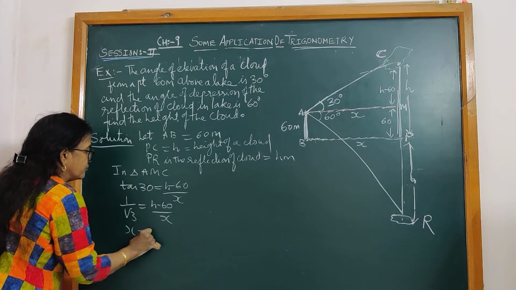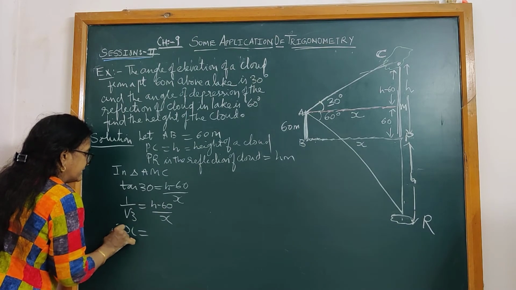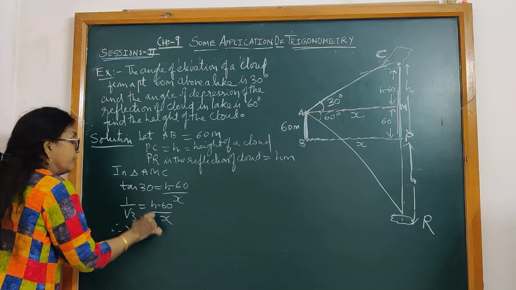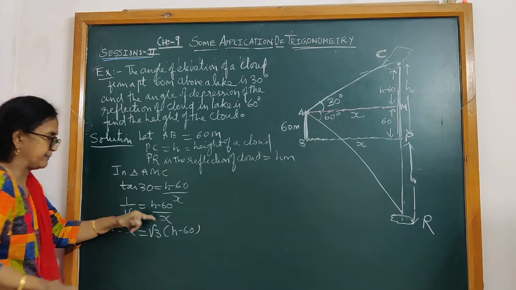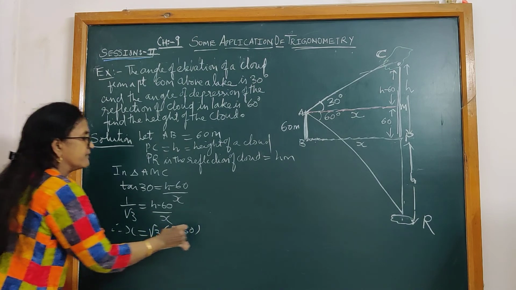Cross multiply, therefore x is equal to root 3 bracket h minus 60. Call this 1.